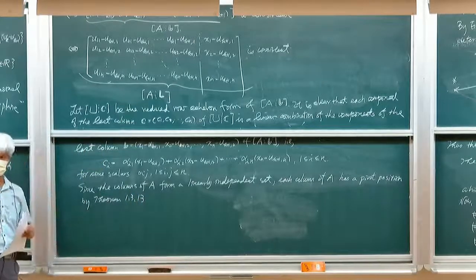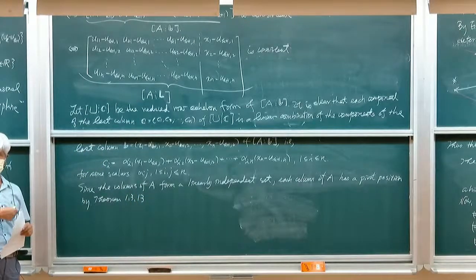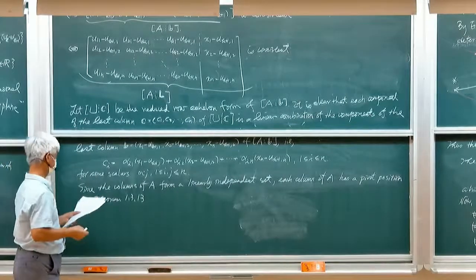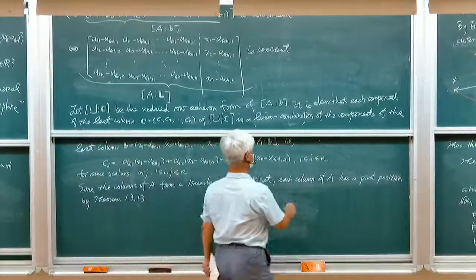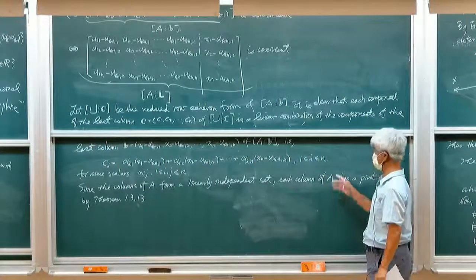This is the last theorem in chapter 1 we studied. So every column of A has a pivot position.